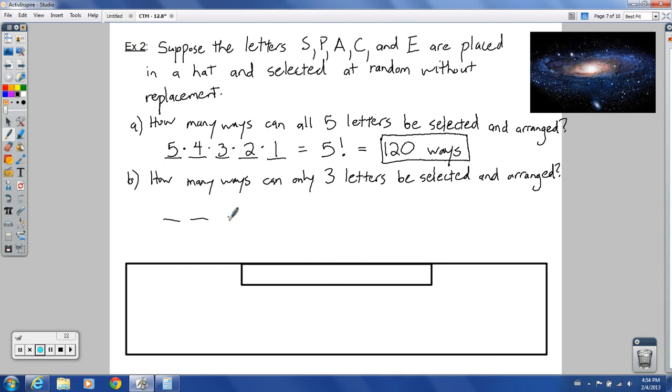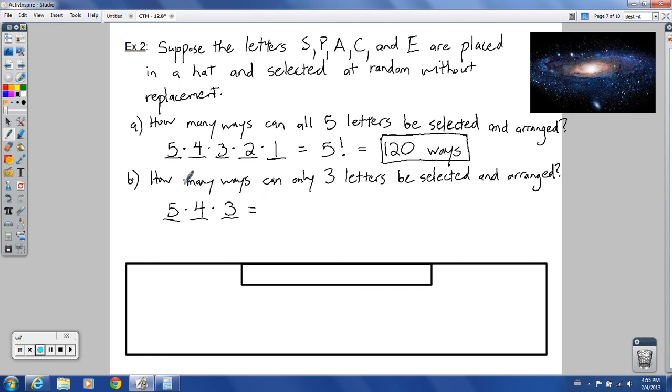You're going to have 3 blanks to fill in now, which is going to be how many for the first one? 5 still. How many for the second one? 4. How many for the third one? 3. And there's 2 poor letters that just get left out and don't factor into what we're doing here. We're very sorry for those letters.